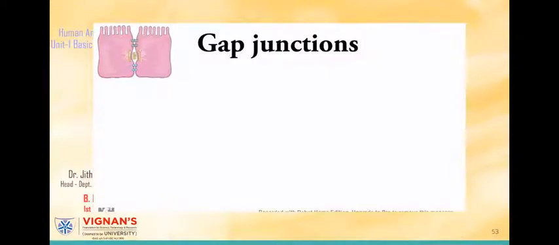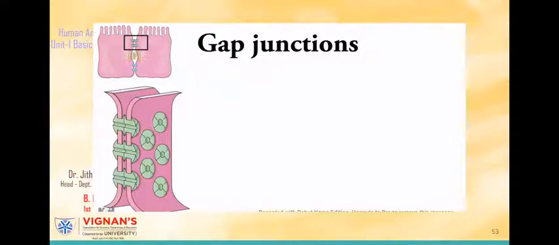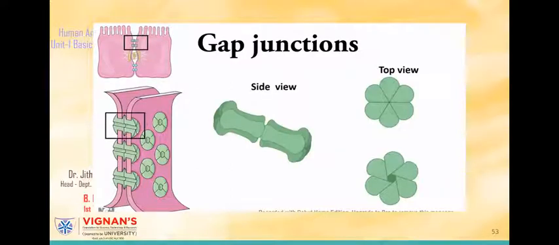Now we'll talk about gap junctions. Gap junctions are like sieves, so we can think of them as molecular sieves, and the smallest subunits that make up the gap junctions are known as connexins. These connexins heteromerize to form connexons.